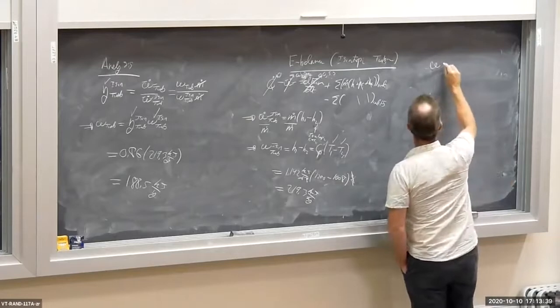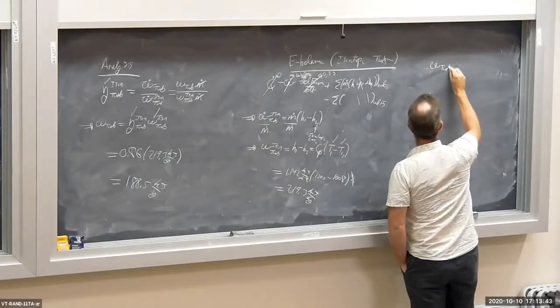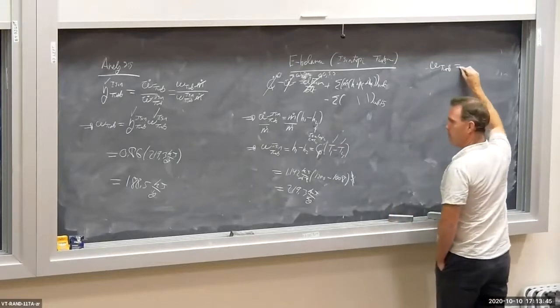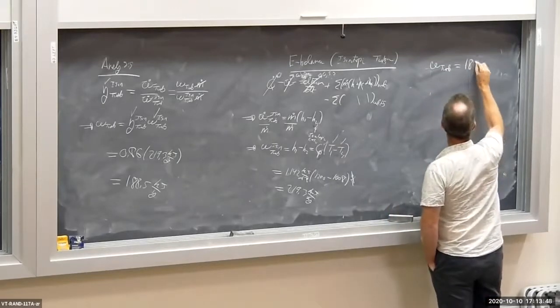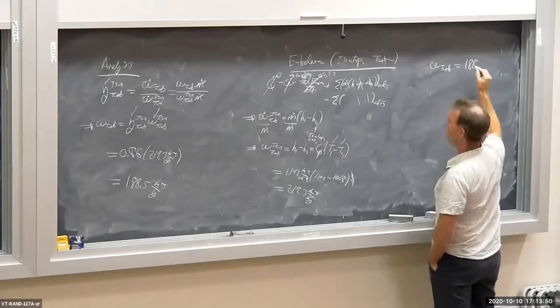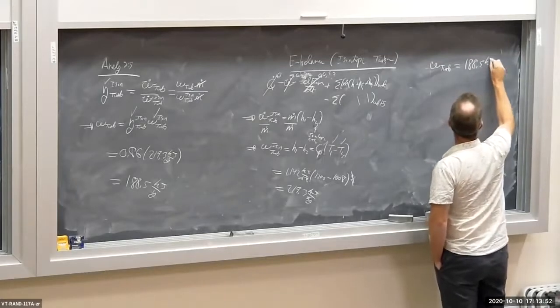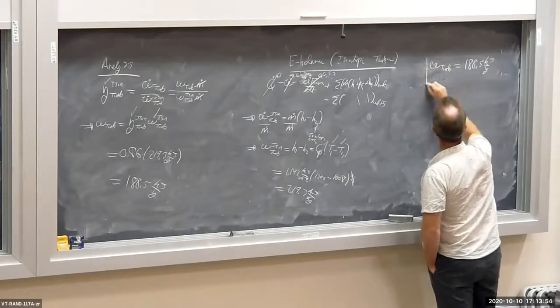The specific work produced by the actual, irreversible turbine is 188.5 kilojoules per kilogram of airflow.